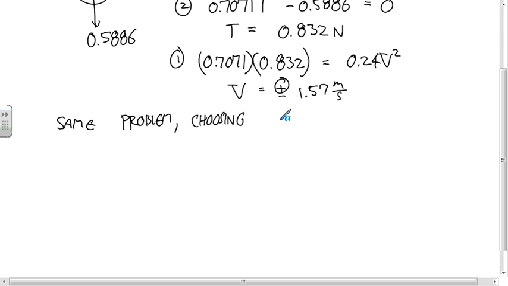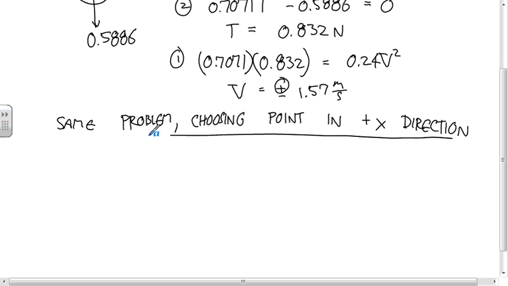Choosing, let's say, a point in the positive x direction. So the view we're going to take is this one, coordinate system there. That's the point this time.